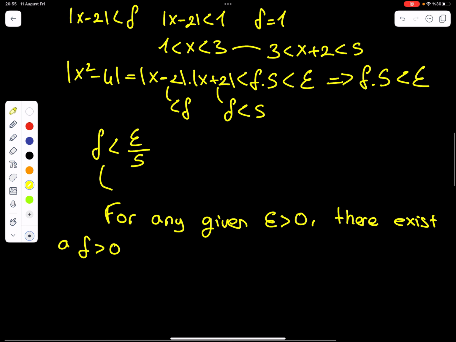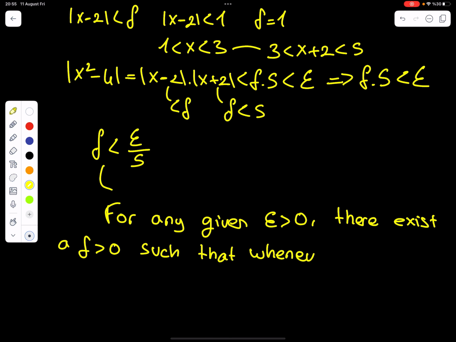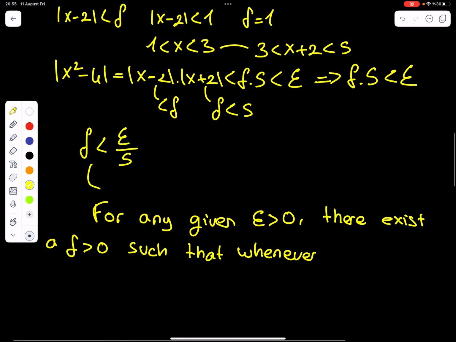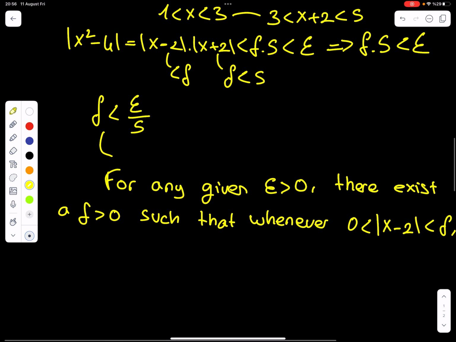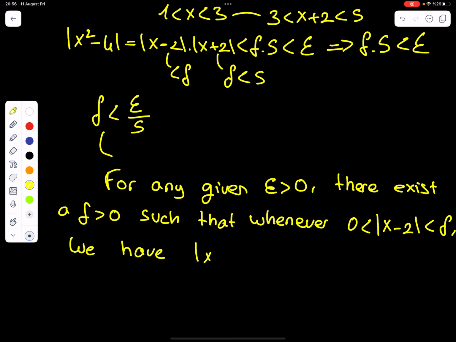Greater than 0, such that whenever 0 is smaller than the absolute value of x minus 2, smaller than delta, we have, this is like f, we have the absolute value of x squared minus 4 smaller than epsilon.